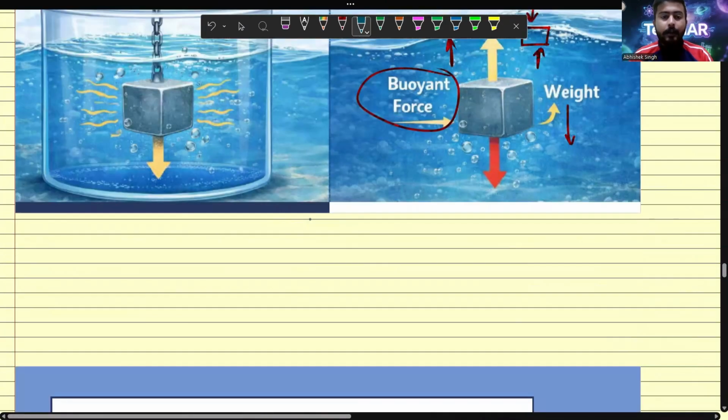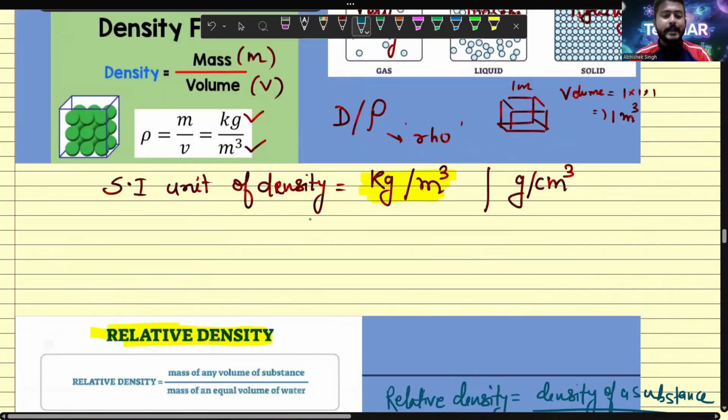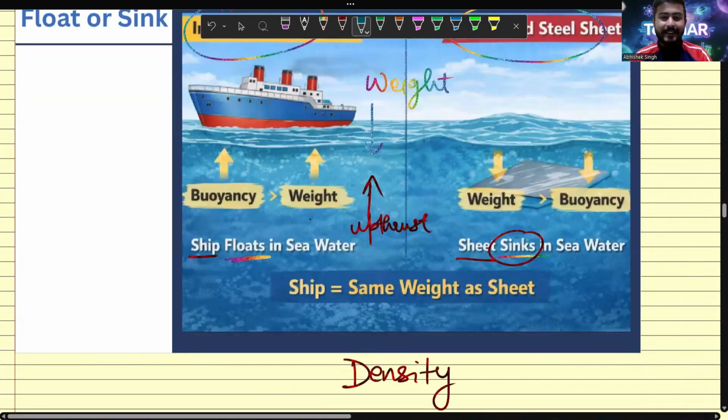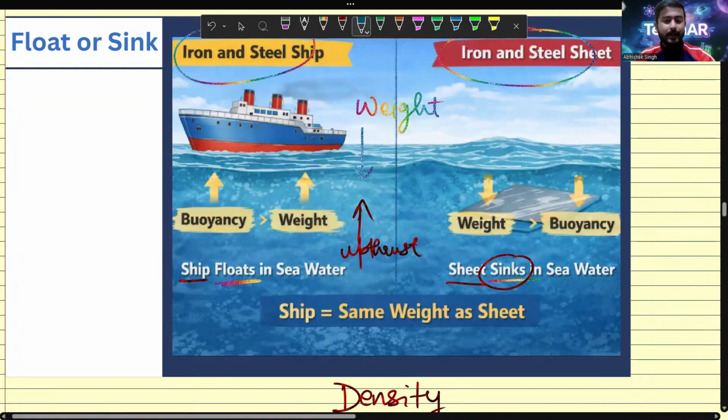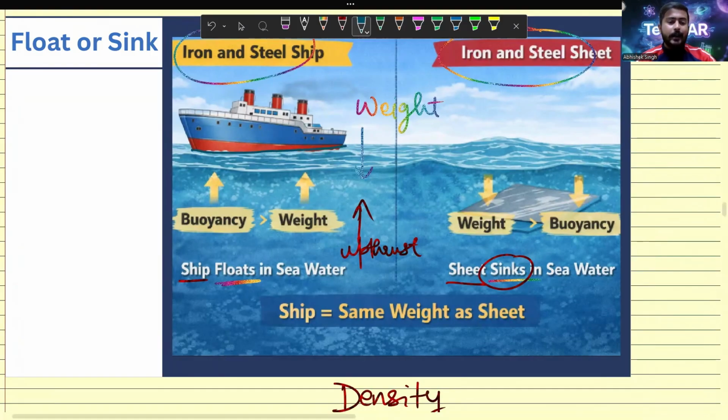So let's take the example that we have discussed. In this iron ship, the volume of liquid that it is displacing is more.